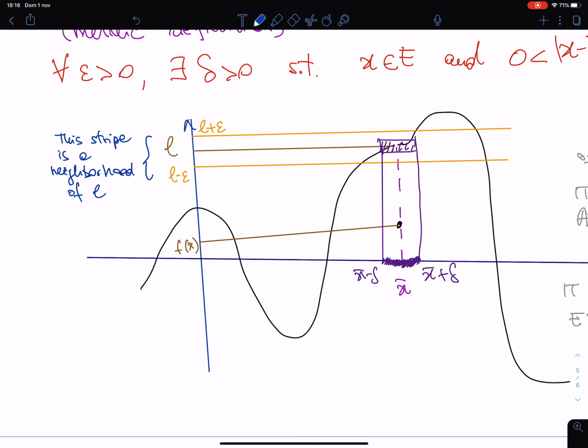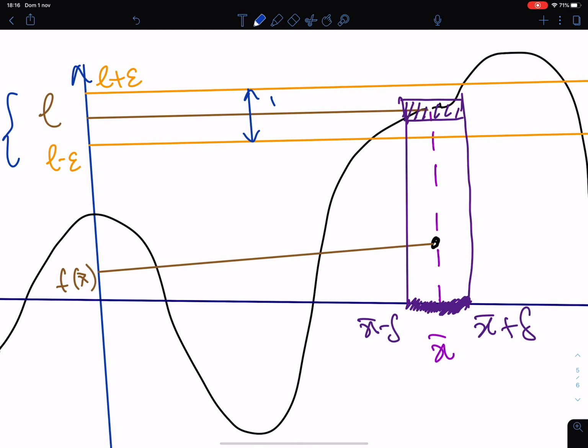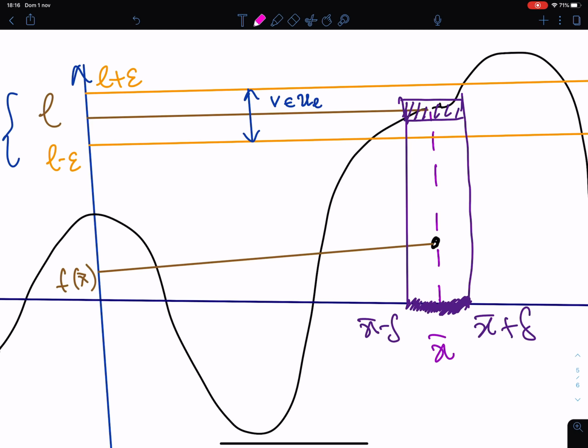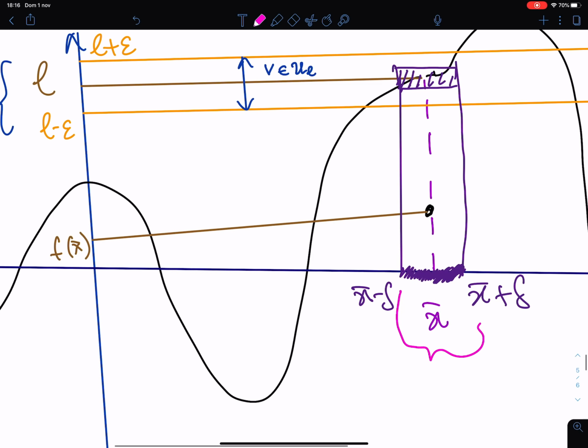Okay? We can call it V, for instance. This is a neighborhood of L, so we can write here V, which is an element of the set of all neighborhoods of L, according to our previous definition. On the other hand, this guy here is a neighborhood of x bar.